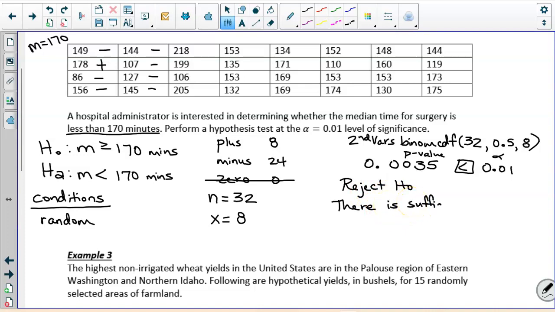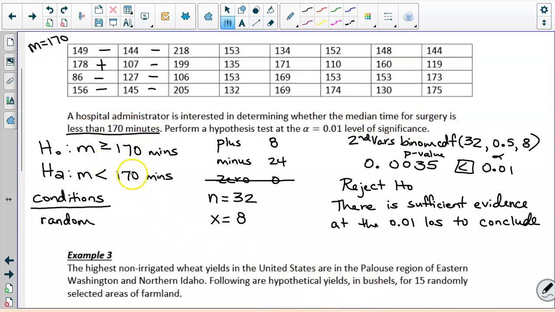sufficient evidence at the 0.01 level of significance to conclude, to reread it, to conclude that the median time for surgery is less than 170 minutes, right?